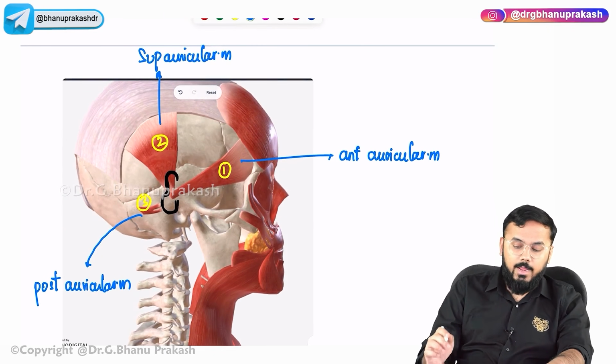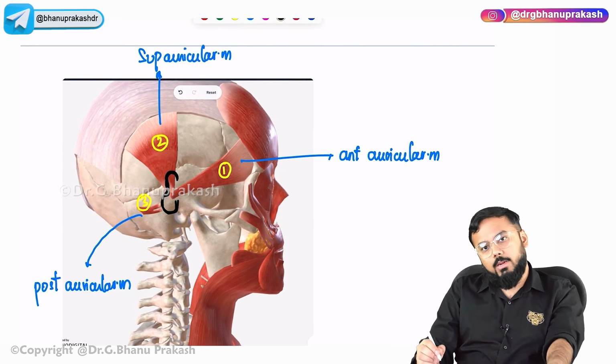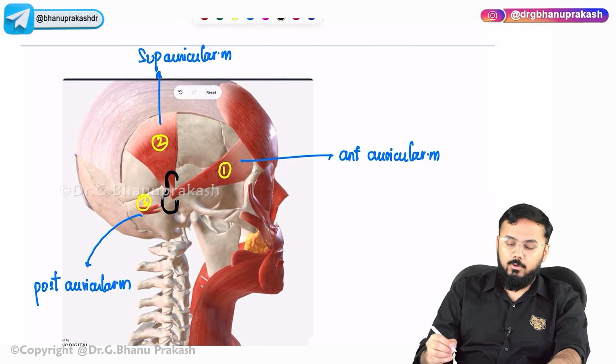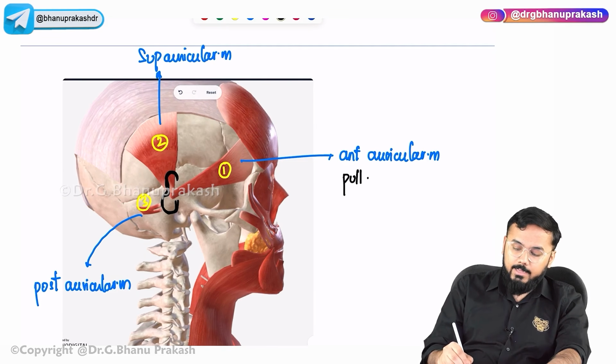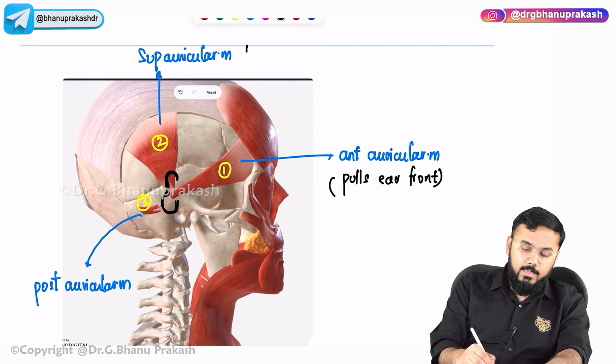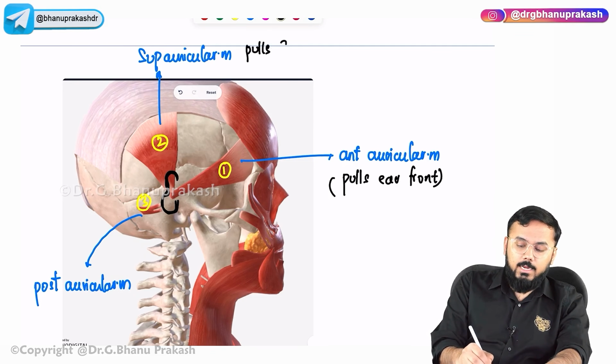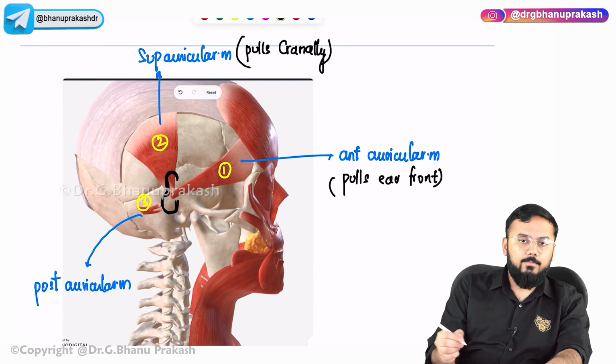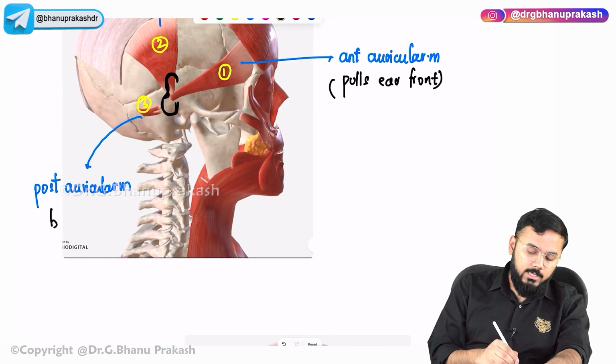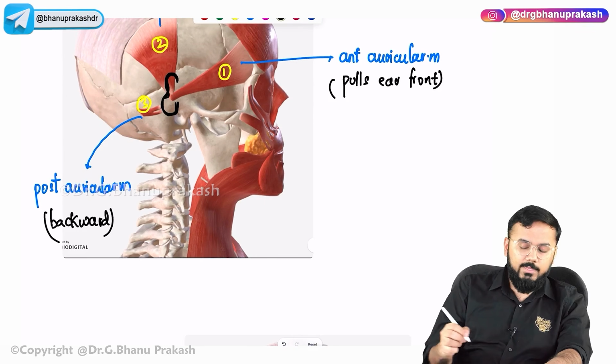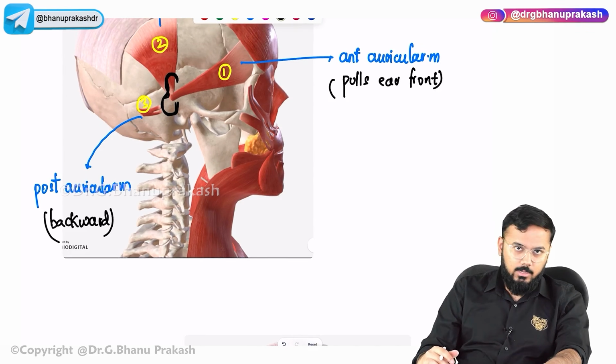What does anterior auricular do? It pulls the ear anteriorly, to the front. Superior auricular pulls the ear cranially, on the top. And posterior auricular pulls the ear backward. So these are the three muscles present around the ear.